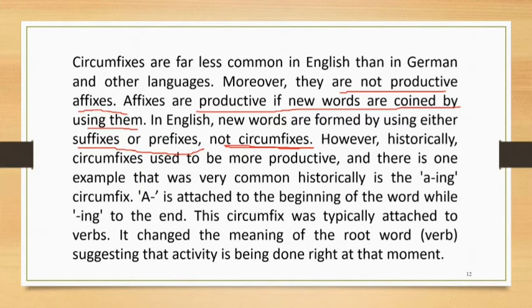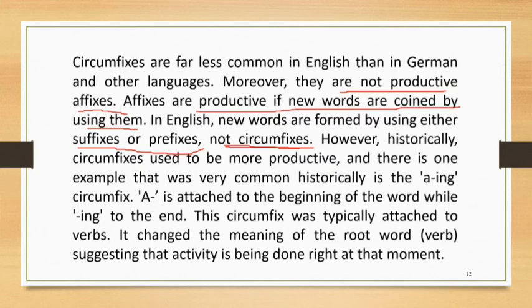For example, say wait. Like, I'm waiting for you. Wait. So awaiting. A is added as a prefix, and ing is added as a suffix to wait, and makes the word awaiting. So this is a circumfix. It changed the meaning of the root word.